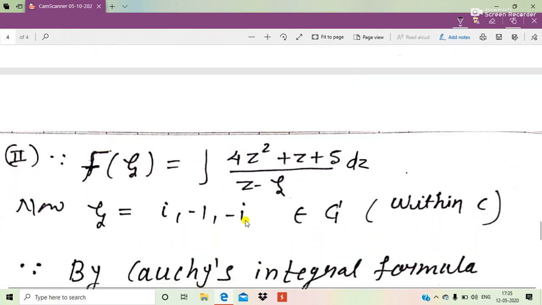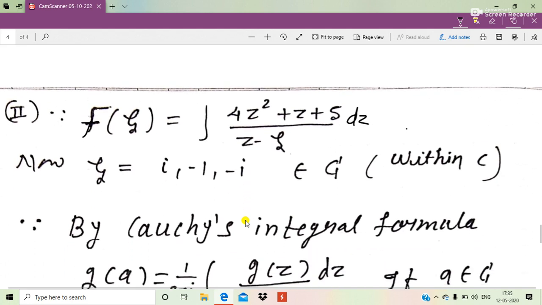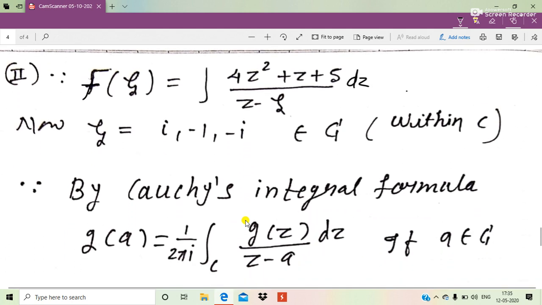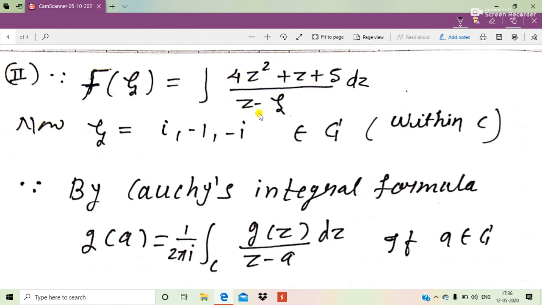Next we have to evaluate some more values. Since f of zeta is equal to the integration of (4z square plus z plus 5) upon (z minus zeta) dz along the curve C, where C is the given ellipse. Now we have 3 points: i, minus 1 and minus i.